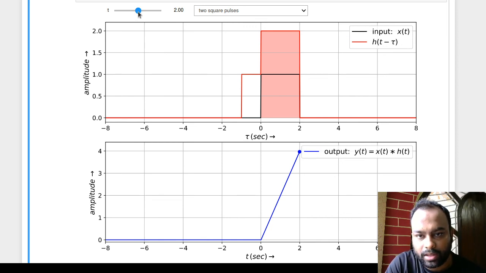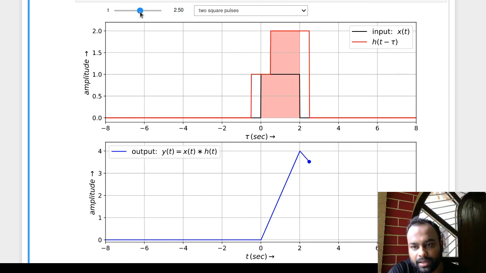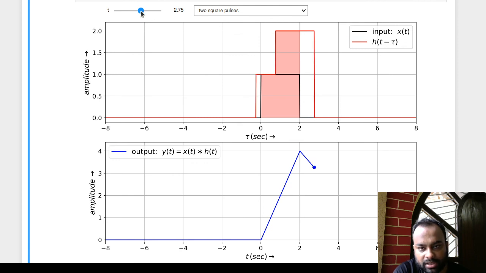Now let's increase beyond that. The moment we increase beyond that, the output is reducing. If I go further, the output is again reducing, and even further, again reducing.